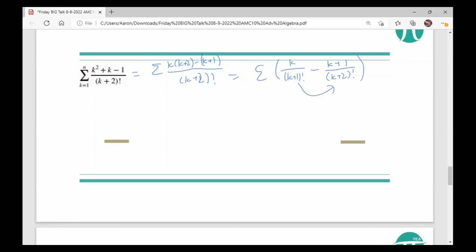And you can see that plugging k plus 1 into k results in the other. So yeah, this is one of the easier ones, and this is equal just to 1/2 minus n plus 1 over n plus 2 factorial, because this is what happens for 1 over 1 plus 1 factorial.